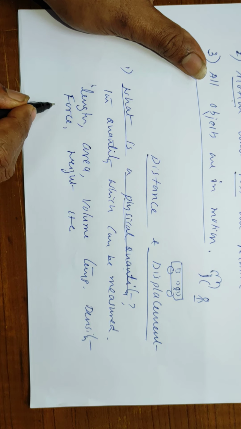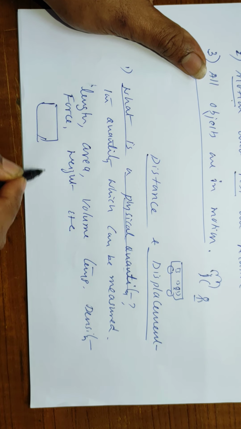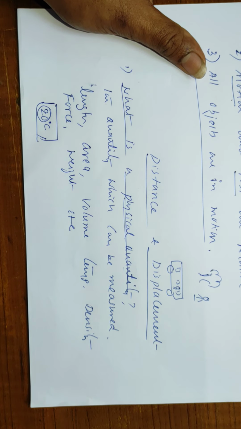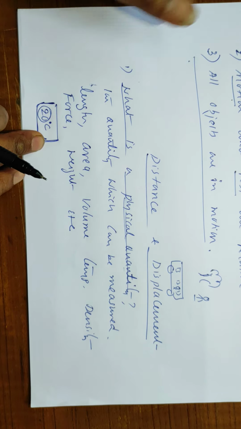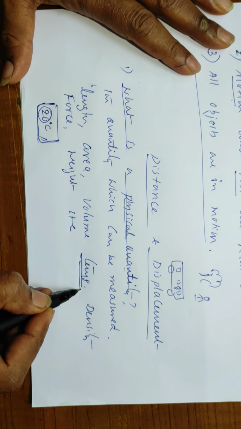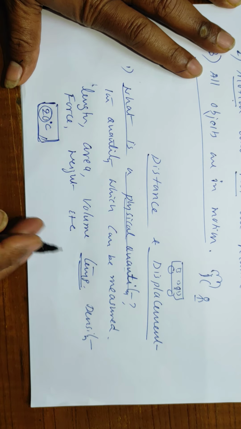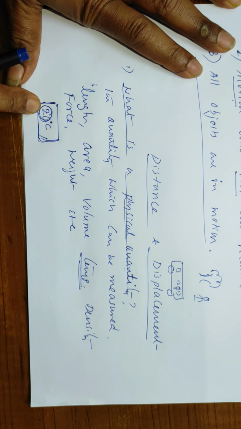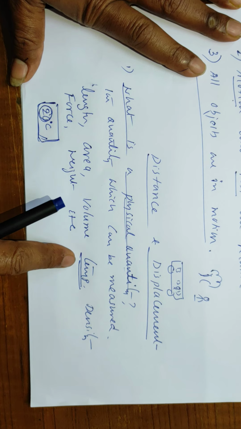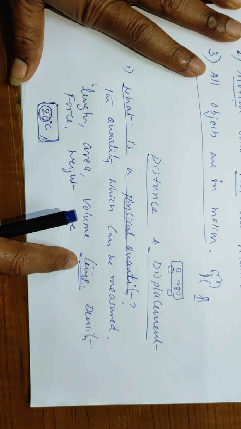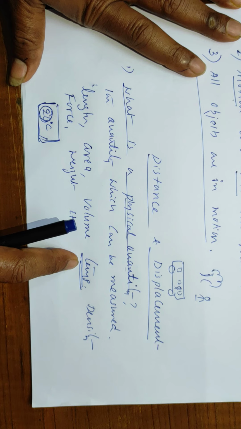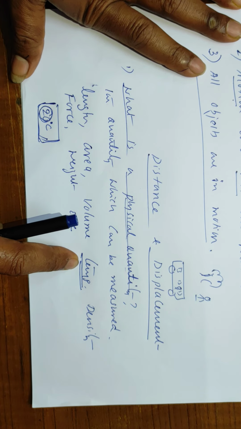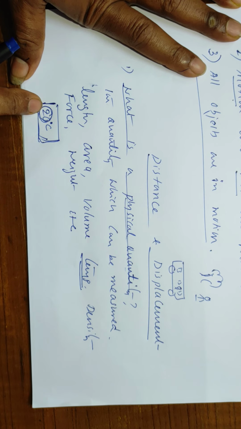For example, the temperature of an object is 20 degrees Celsius. Here, this physical quantity, temperature, has only magnitude, and that magnitude is represented by a number. We know that temperature of an object is the degree of hotness or coldness. It tells us how hot an object is, and it is represented by a number.